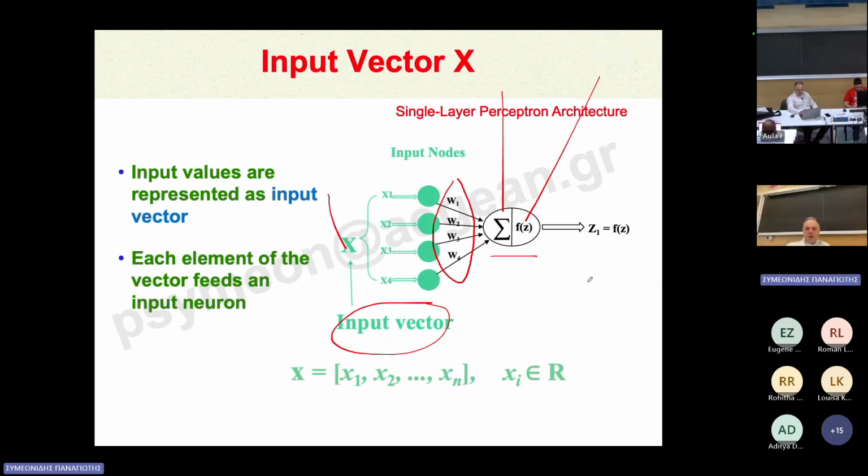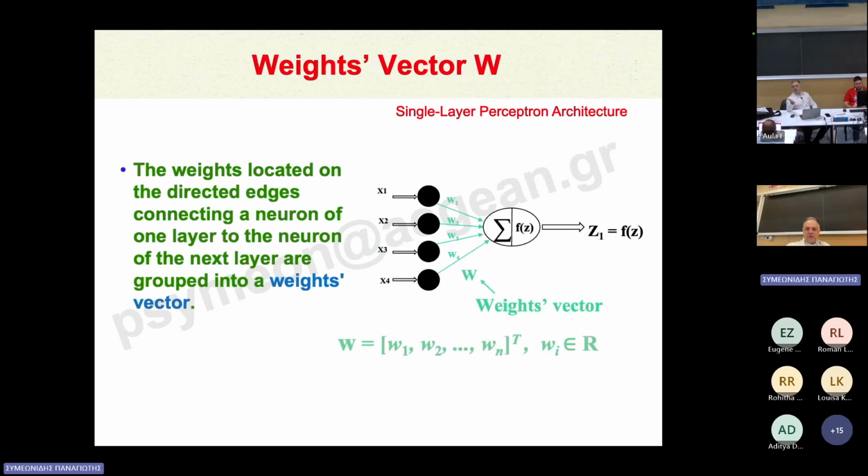The weights are located on the directed edges. So this is like a graph also, but okay, it can be considered as a tree. Let's say there are no cycles usually, if it is an MLP. The weights are located on the directed edges connecting a neuron of one layer to a neuron of the next layer.